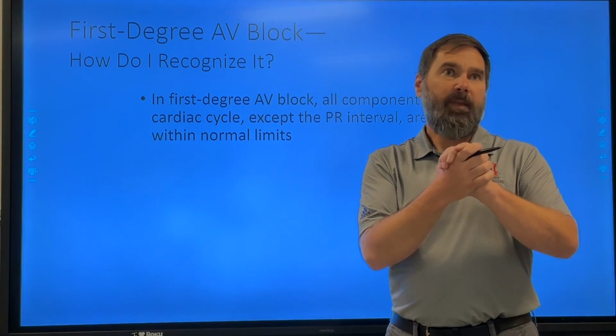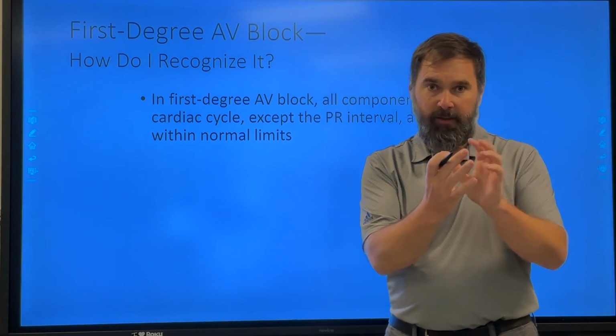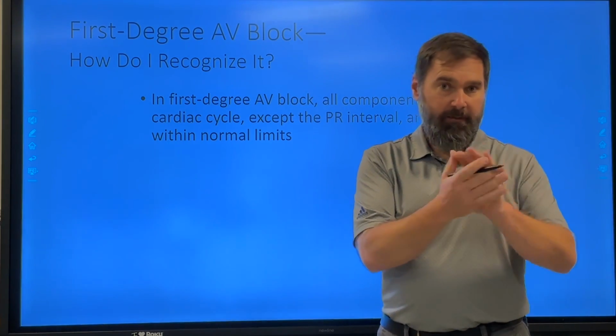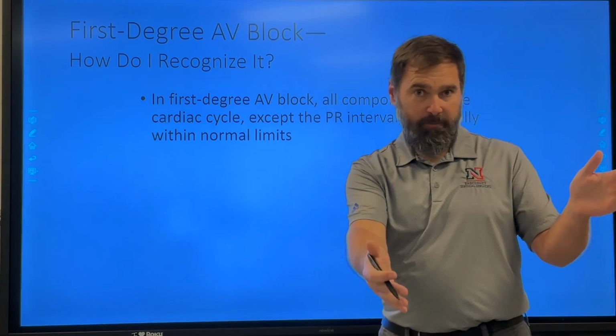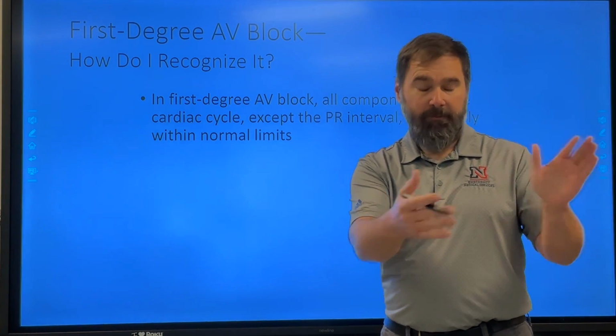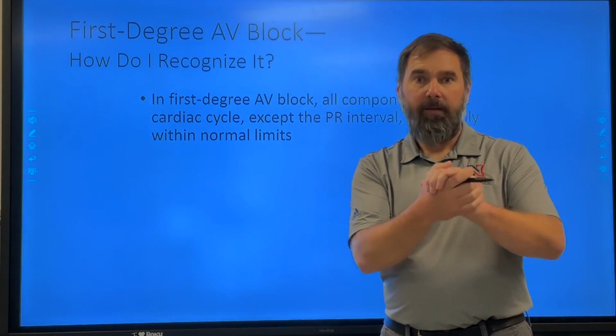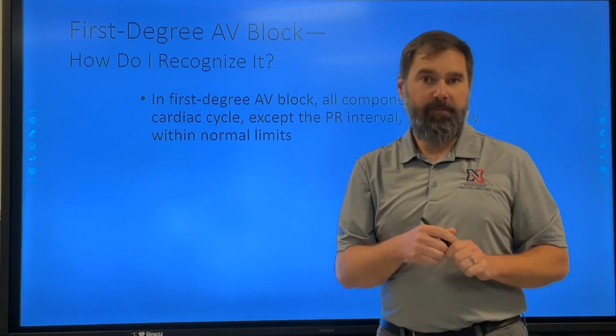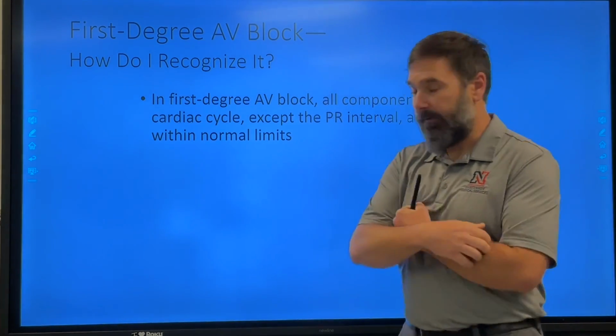So that time frame, the PRI, from the beginning of the P wave to the beginning of the Q wave or R wave, should be less than 0.20 seconds, or one big block.